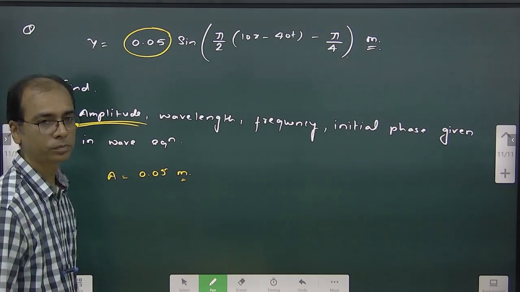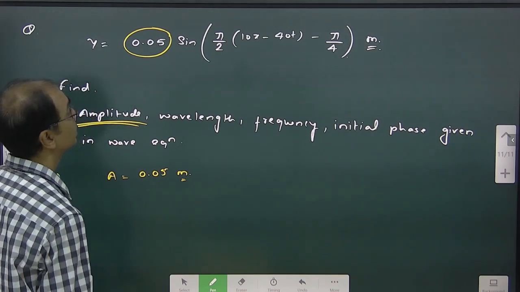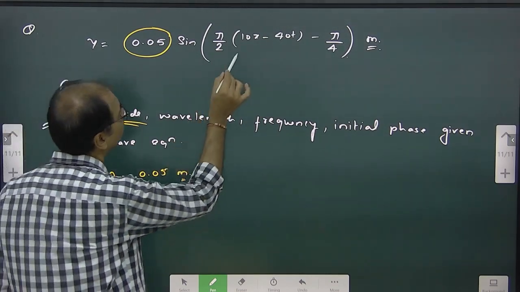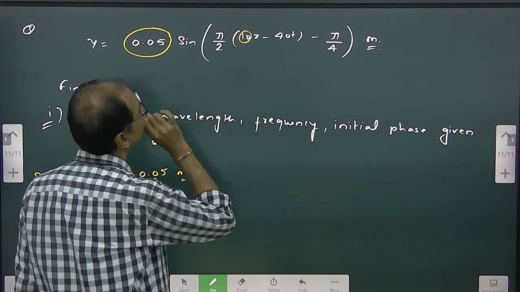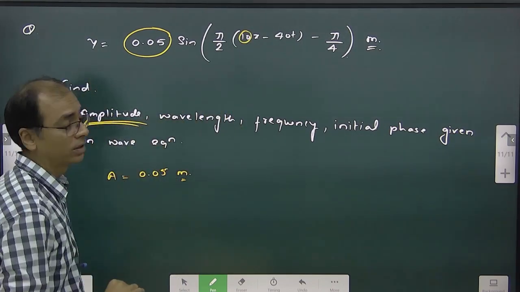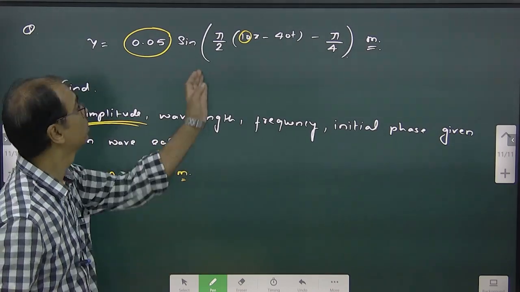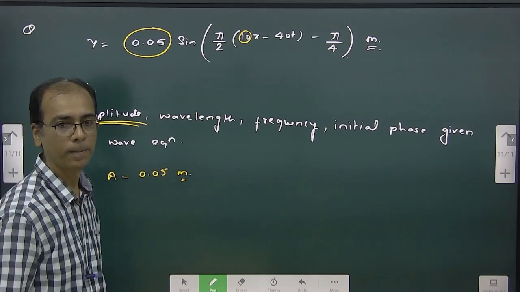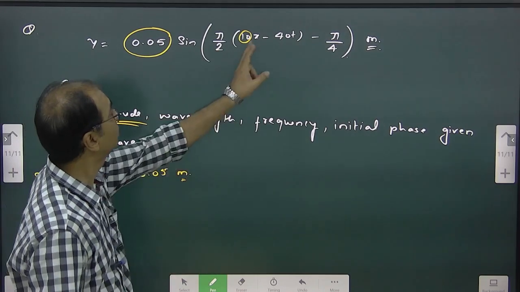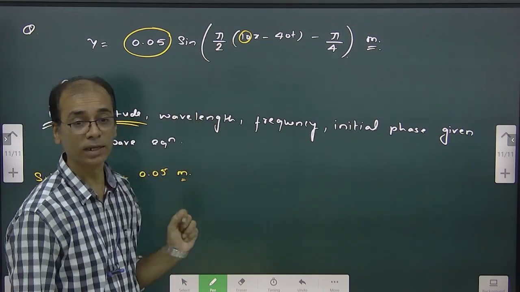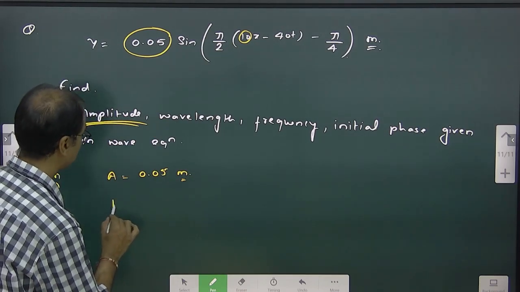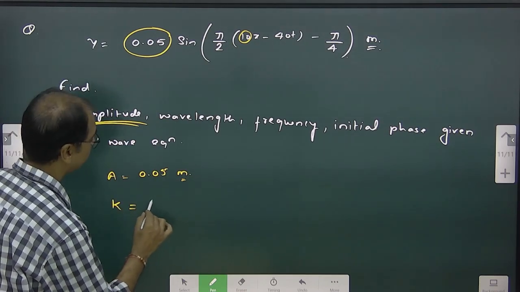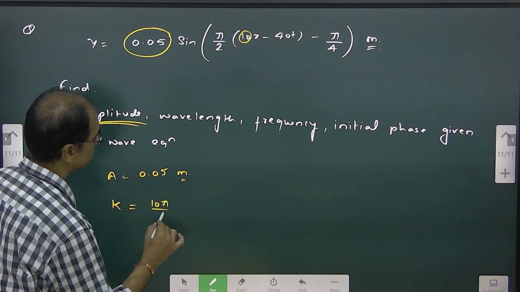Wavelength. For wavelength, what am I going to see? I am going to see the coefficient of x. Coefficient of x is 10 pi by 2, multiply, and that is k for me. So k value is 10 pi by 2, that means 5 pi.